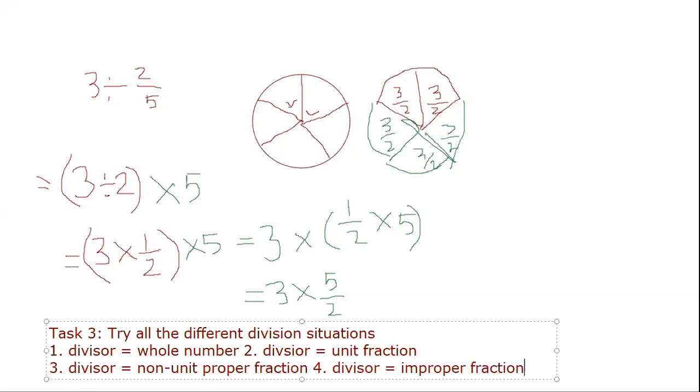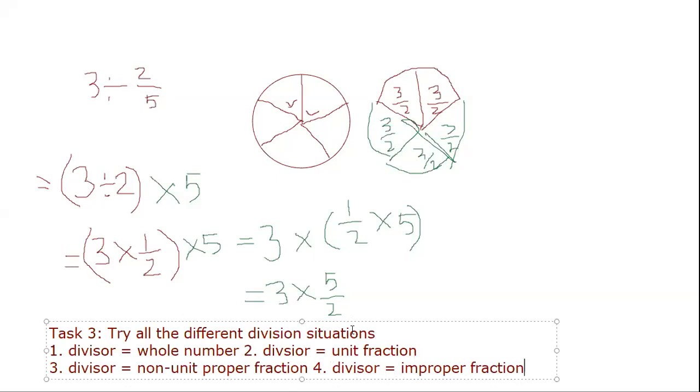Now you can choose what your dividend should be. I don't really care, because the dividend is not so important. What is important is that they get this: division by a by b becomes multiplication by b by a, that aspect.